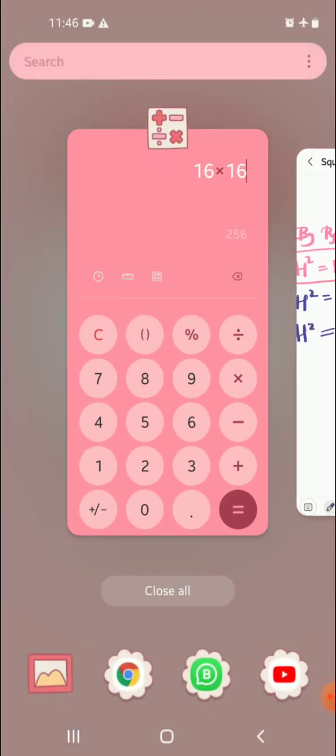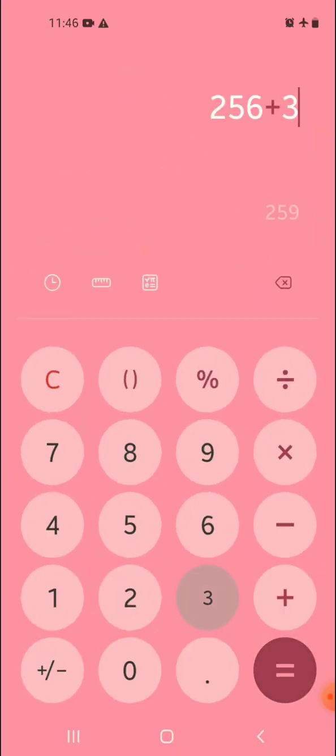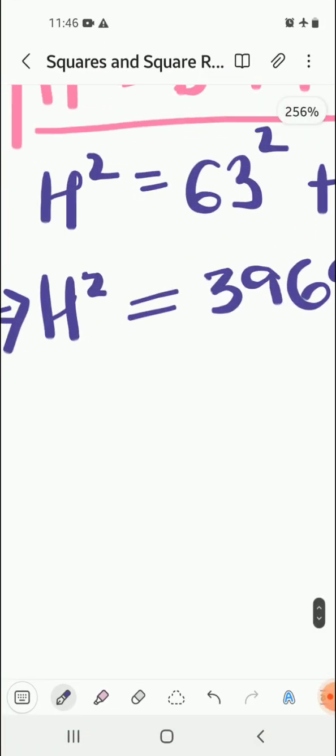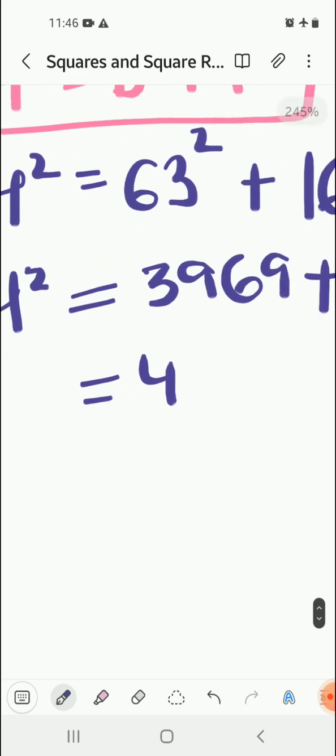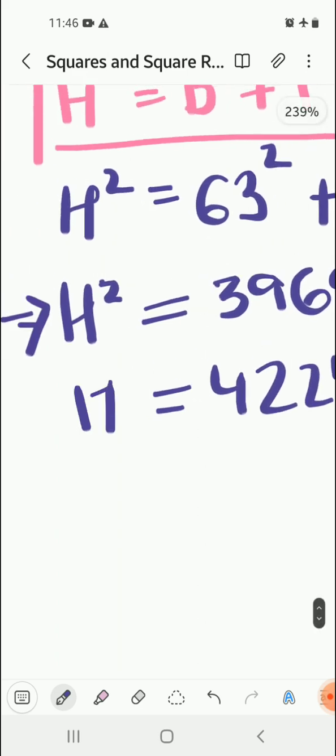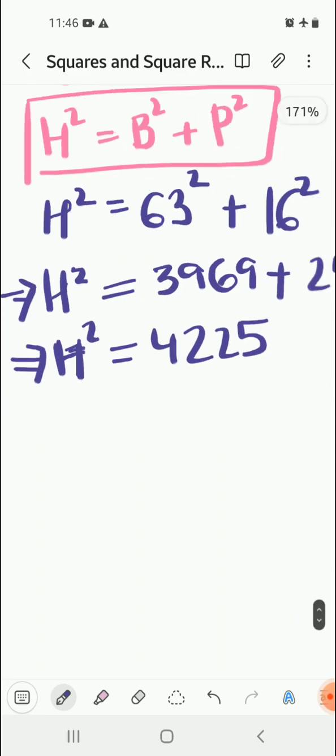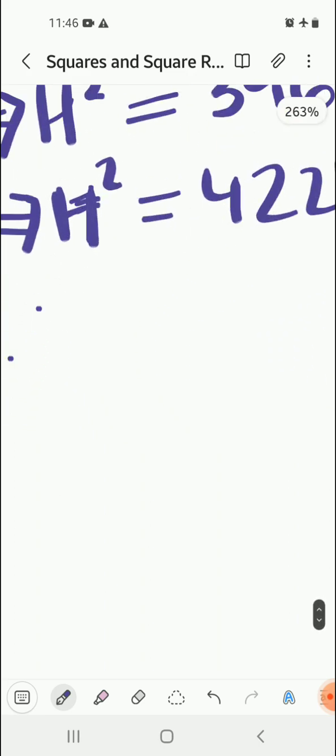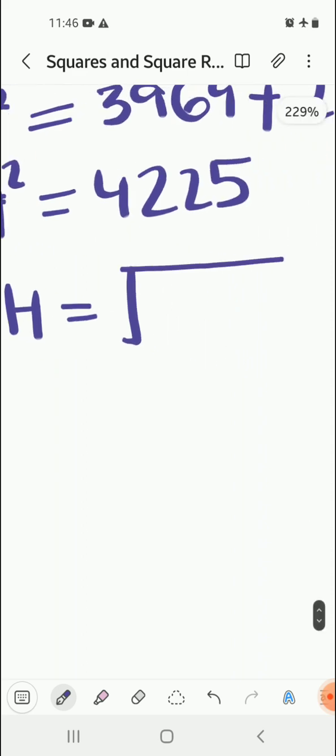Now 256 plus 3969 is 4225. So now we're going to write 4225, and this is the answer to h square, that is hypotenuse square. So now we have to find the square root of the number. This is hypotenuse square. Therefore hypotenuse will be the square root of 4225.